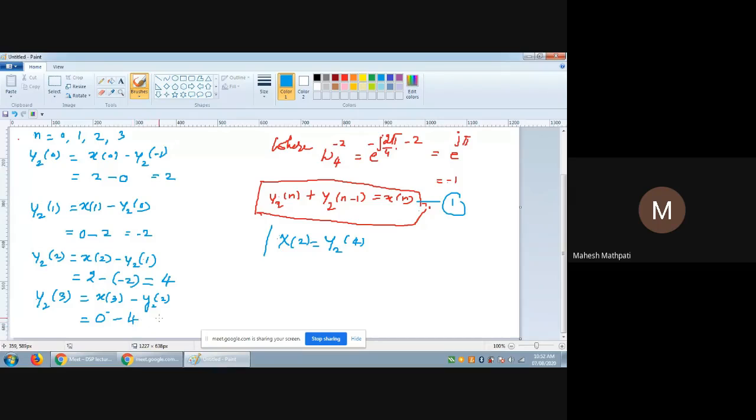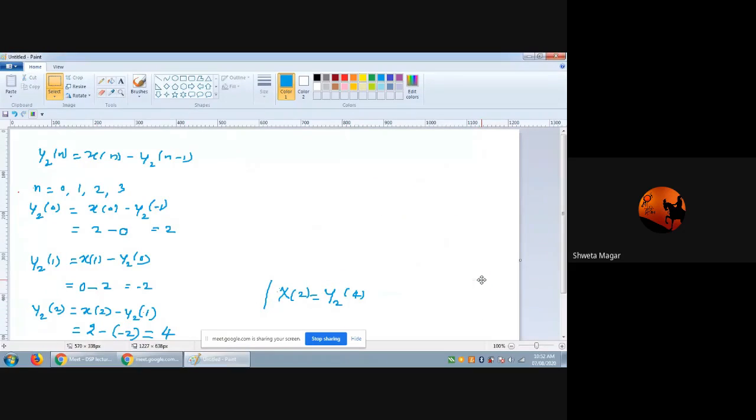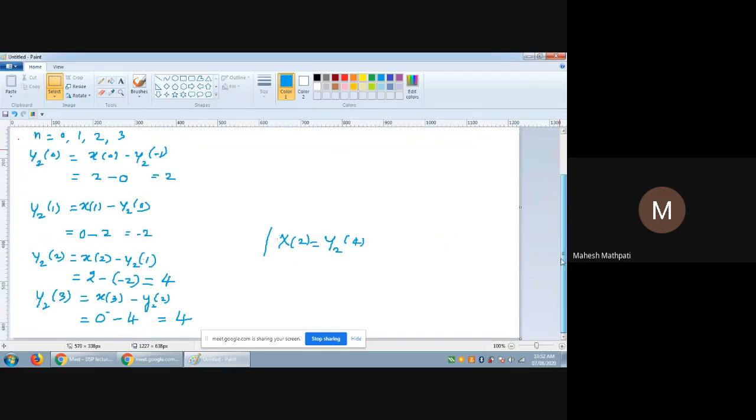So this will be equal to minus 4. Okay, wait. So we get it as minus 4, right?